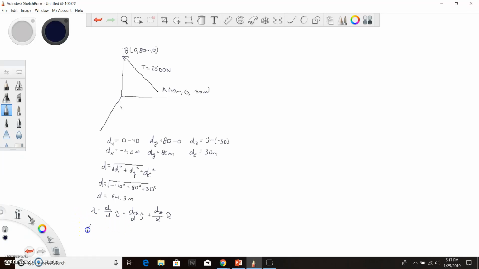So let's do that. Lambda equals d sub x, a negative 40 divided by 94.3 i hat, plus d sub y, 80 divided by 94.3 j hat, plus 30 divided by 94.3 k hat.